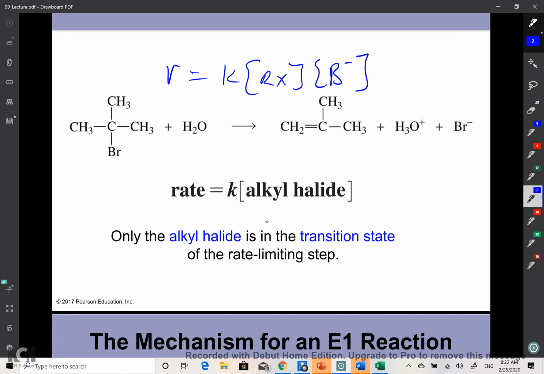Now, question. What if I triple the concentration of Rx and then leave the concentration of the base intact? What happens to the rate of the reaction for this one here?